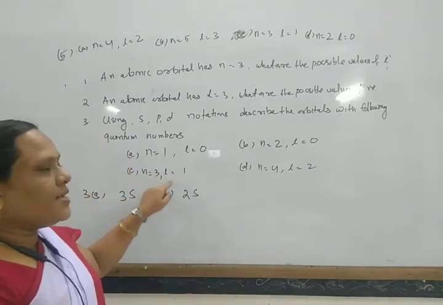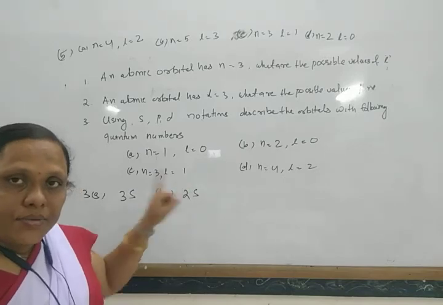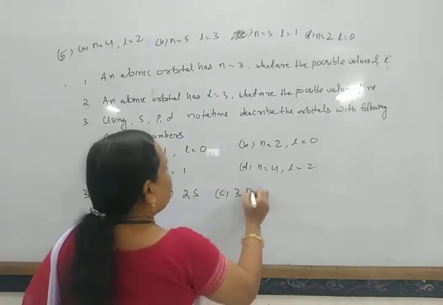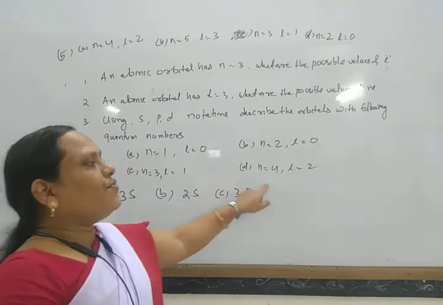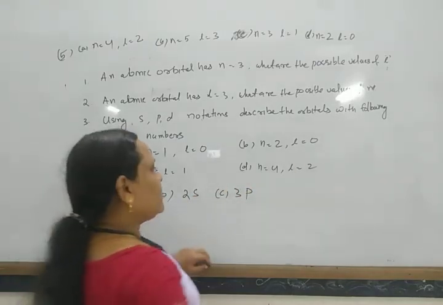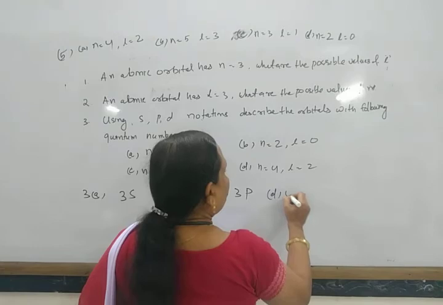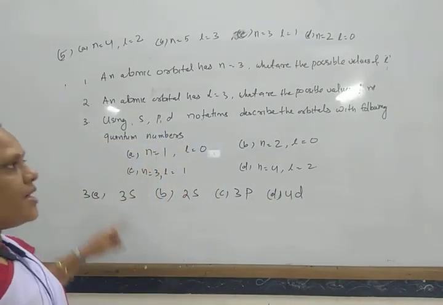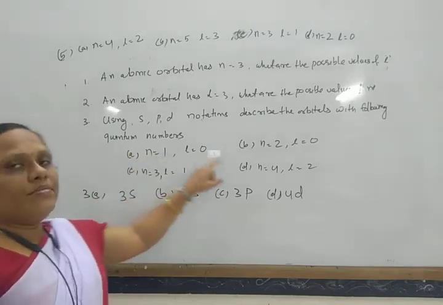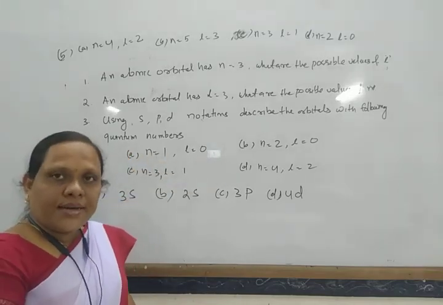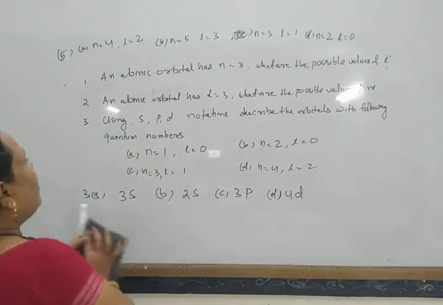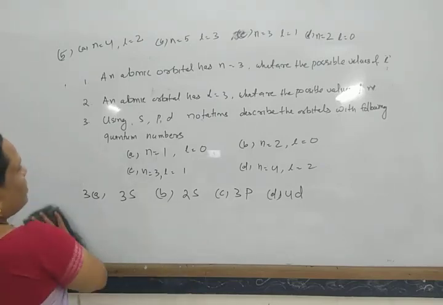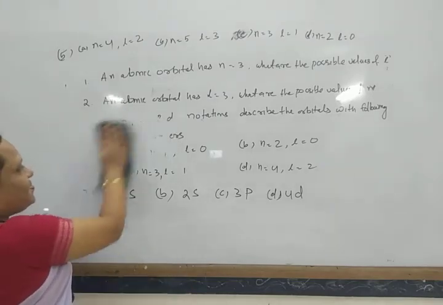C, n equal to 3, l equal to 1, that is 3p. And n equal to 4, l equal to 2, that is 4d. So in this way, you can describe the orbitals from the quantum numbers n and l values. Okay, clear?